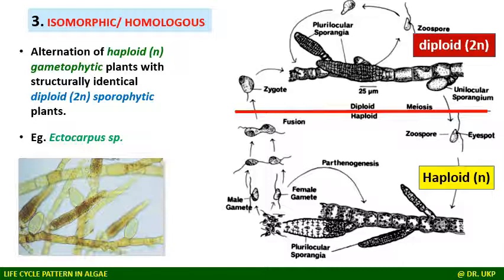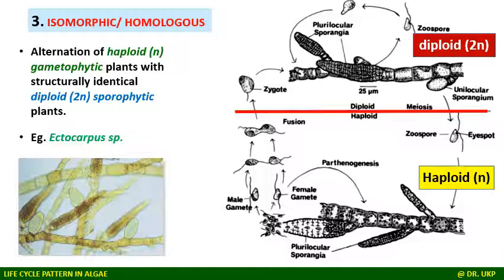Next, isomorphic or homologous. Why are we calling these isomorphic or homologous? Iso means similar, morphic means structurally. So when the two phases, here you can see the upper part mentioned as diploid in red, and the lower part mentioned as haploid in yellow, both are the thallus body.